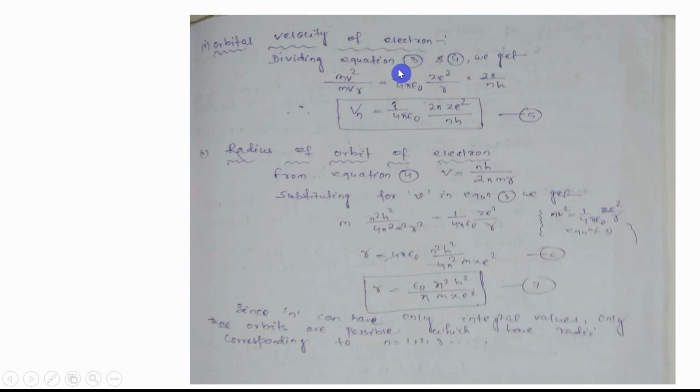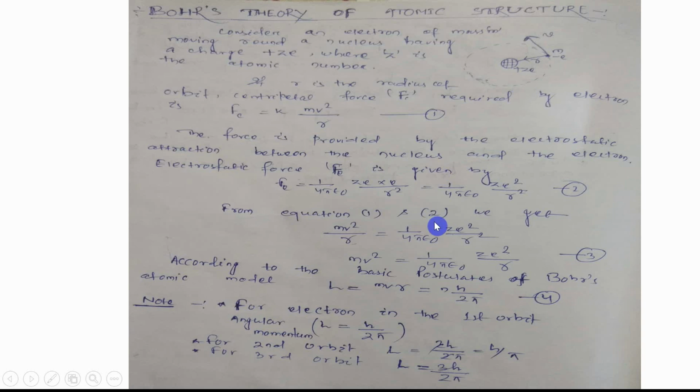From equations 3 and 4 we get this. In equation 3 the expression is mv² = (1/4πε₀) Z²e²/r, and here mvr = nh/2π. We have to simply divide these two equations.